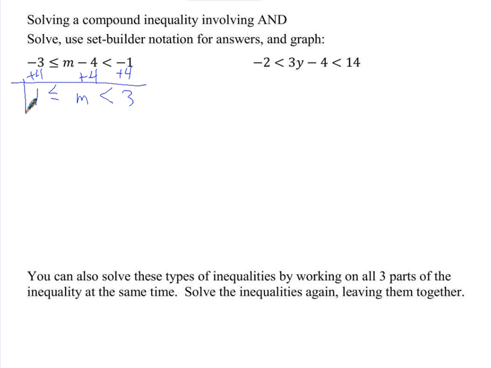I can do set builder notation right there: m values such that 1 is less than or equal to m is less than 3. That's legal to do. Now I can draw my number line. I put my 1 here, I put my 3 here. I'm going to have a solid dot there, an open dot there, and m has to be somewhere between. That's what that says. A little bit easier to do that. For the second one, what am I going to do first?